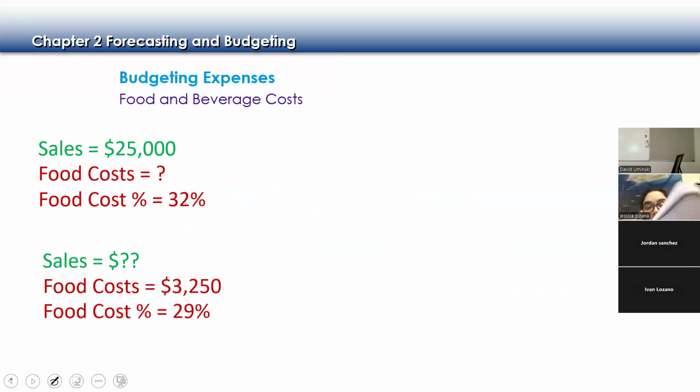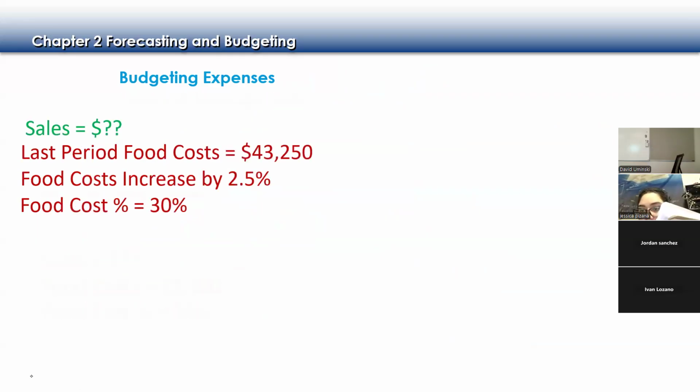These two examples are just simply using the triangle, right? We have sales, cost, and cost percentage. I want to go over this last one because this combines your budgeting and your triangle tool. There is a question like this on the chapter 2 quiz. So I want to make sure I work this one out completely for you. And then you can go back and reference this video if you need to for the homework.